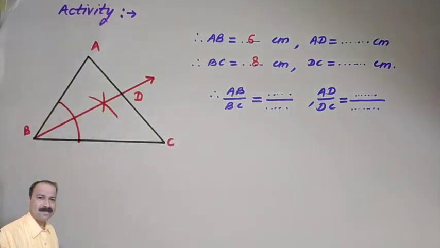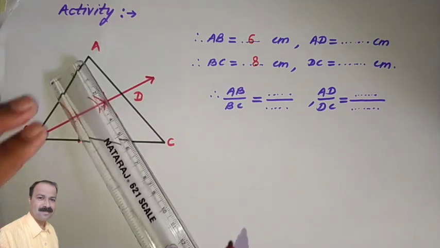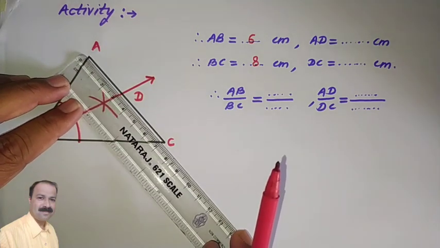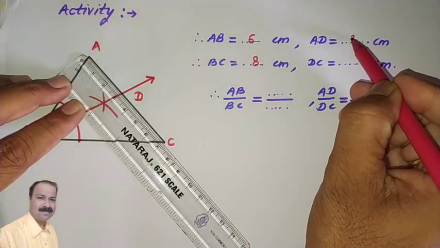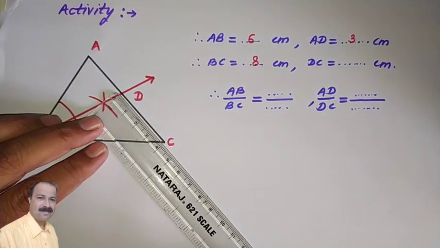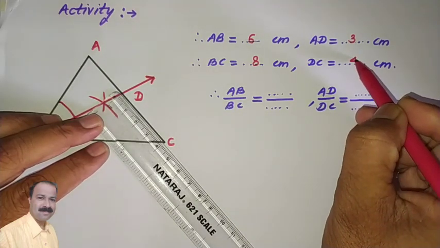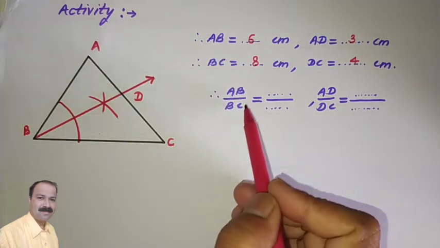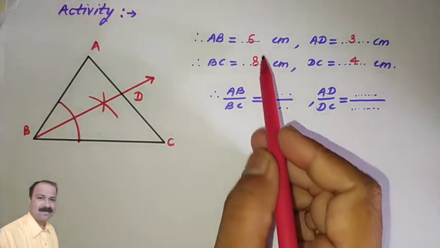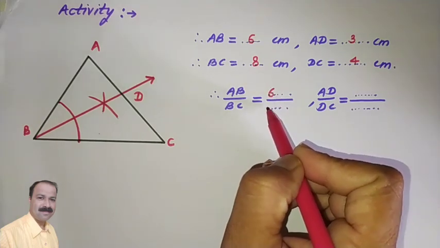Then next, measure the side AD. AD is 3 centimeters and DC is 4 centimeters. Therefore, the ratio of AB upon BC: put the values, AB is 6 and BC is 8.